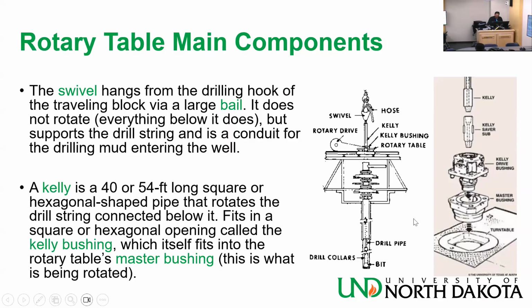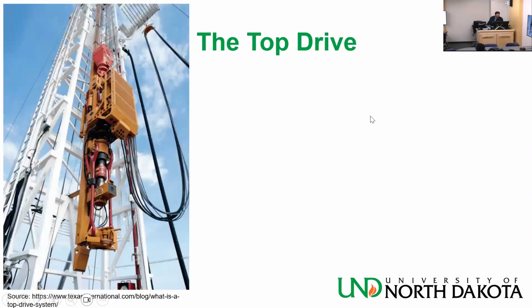So people started experimenting with making a taller derrick and providing rotation through the swivel. So let's replace the swivel with something that actually provides the motion itself. We call that the top drive. So instead of a swivel, you have this. And you see the traveling block with the red. This is the traveling block.